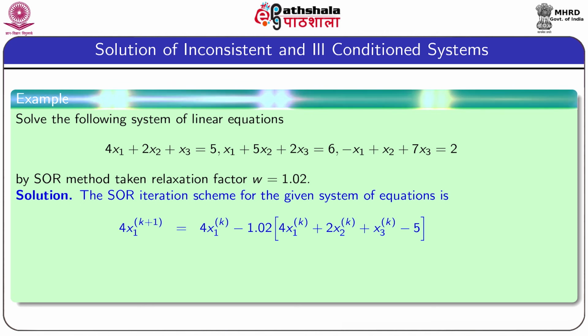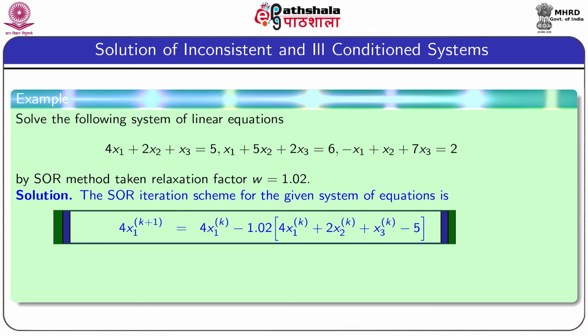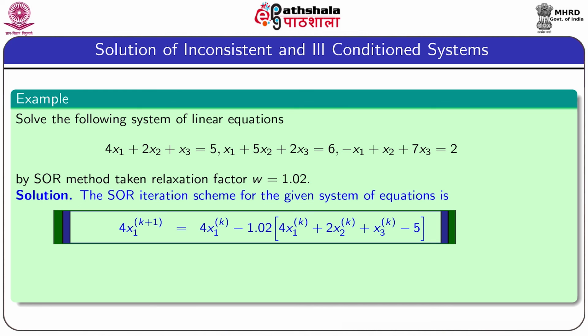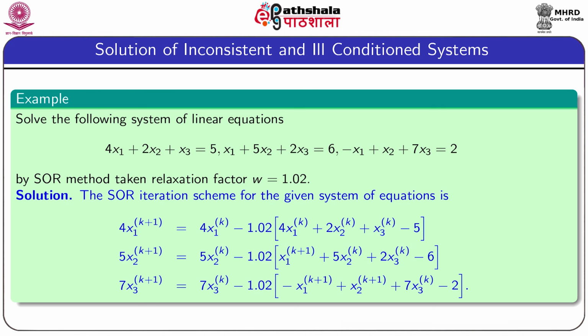The SOR scheme, that means successive over relaxation scheme, is given by 4 x1 k plus 1 equal to 4 x1 k minus 1.02, that one is the relaxation factor, into 4 x1 k plus 2 x2 k plus x3 k minus 5. This is obtained from the first equation, and from the second equation we obtain the second iteration scheme, and from the third equation we obtain the last equation.